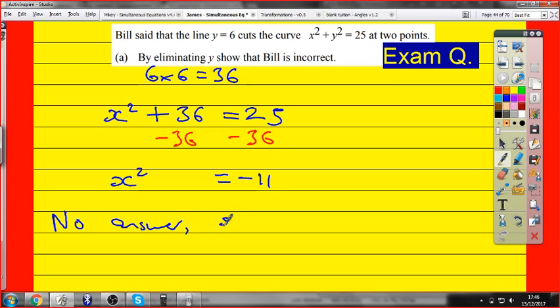Square numbers must be positive or could be 0. But this is negative 11. Must be positive or 0. So that's quite a strange one. Okay, any questions there? No. Okay. Maybe I'll just write in as well, can't be negative. Yeah, a square number can't be negative.